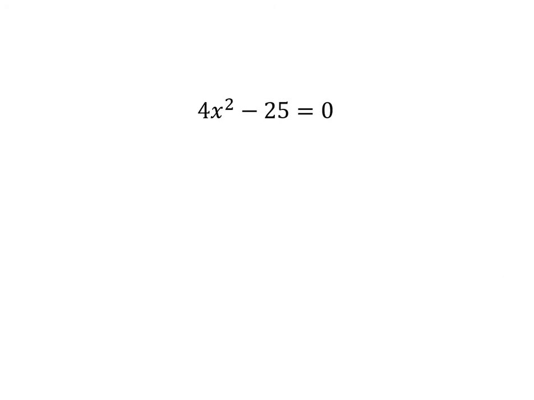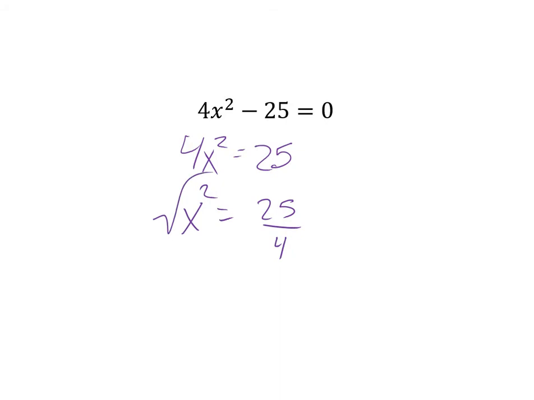So now let's look at this one: 4x squared minus 25 is equal to 0. We'll solve for x. We move the 25 to the other side, getting us 4x squared equals 25. We divide through, getting x squared is equal to 25 over 4. Then we take the square root of it.